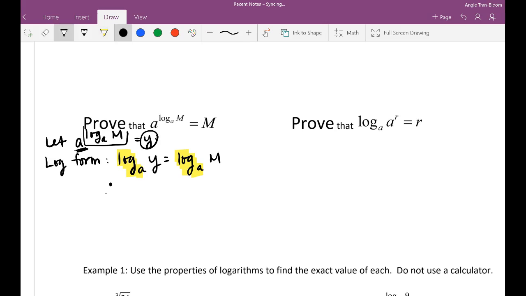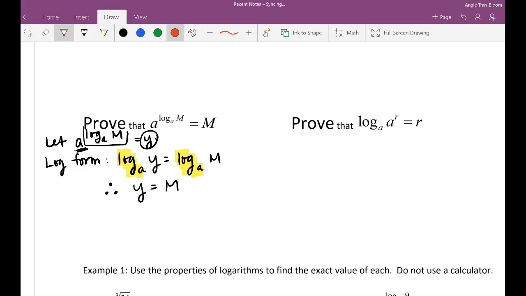So therefore, y must be m because it's an equation. If you've got log base a on the left and log base a on the right being equal, then y must be m, right? y must be equal to m. So that is definitely true.